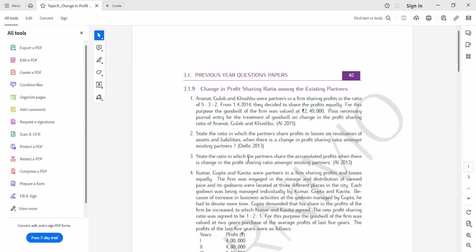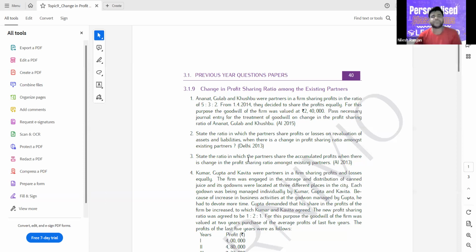The next part is not required here, so we have to do only the first part of the question. So their old profit sharing ratio was 5:3:2, and they decided to share the profits equally.